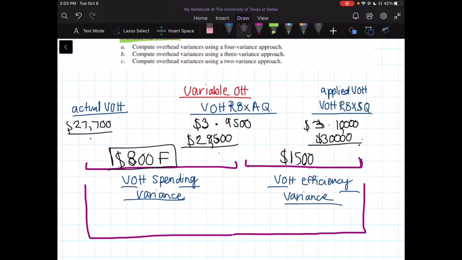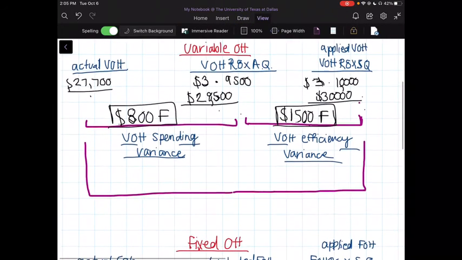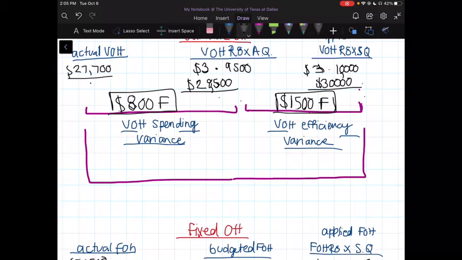Our 1,500 is going to be favorable since, again, we used a little bit less than our applied, so we're going to put favorable here. Then for our total, we're going to be adding our sums up, and that is going to be a total of $2,300.